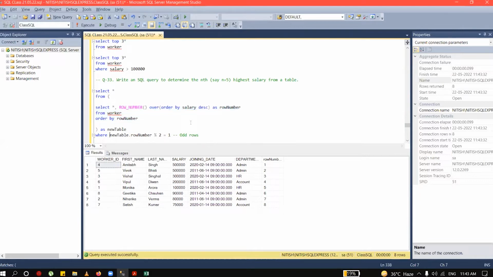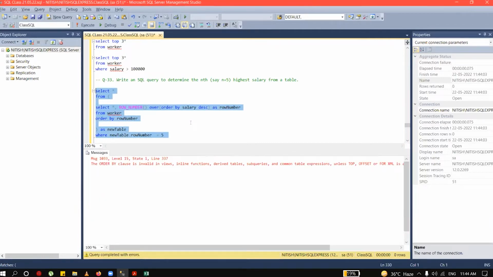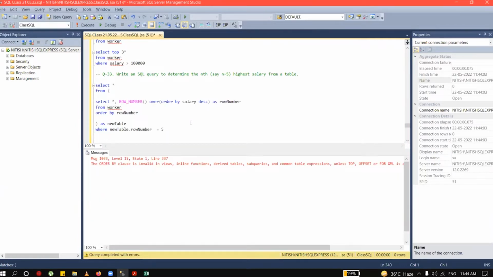So right here, where new table dot row number is equal to 5. That's it. Order by row number. Why am I writing this?